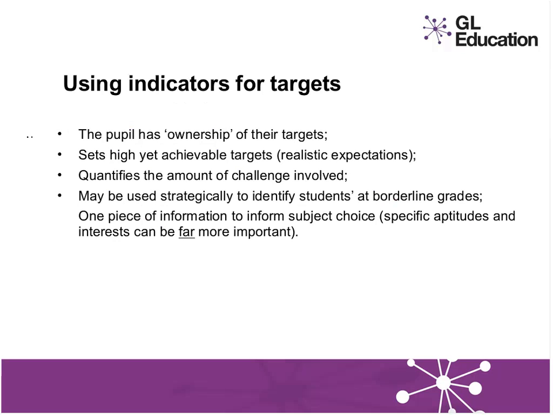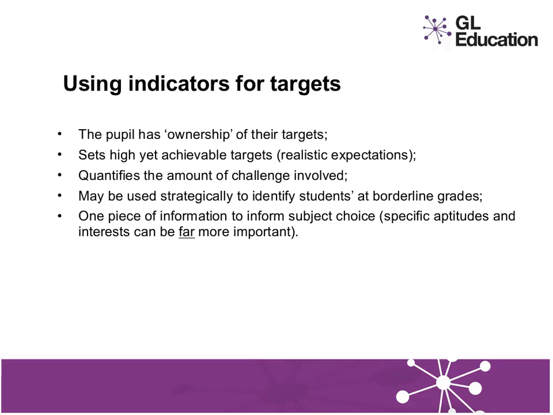I think I've probably covered most of this, but using indicators for targets, why use them? Well, the pupil then has the ownership of their targets. It sets high yet achievable targets, so realistic expectations for the pupil. It might be used strategically to identify students at borderline grades, particularly as well.